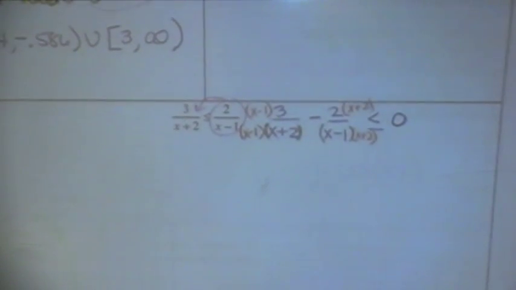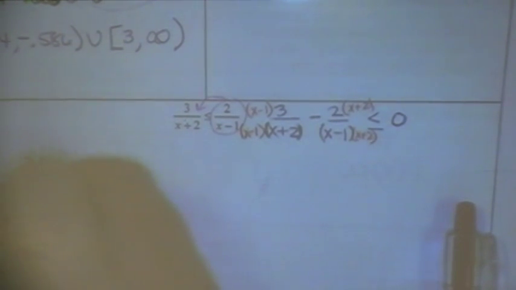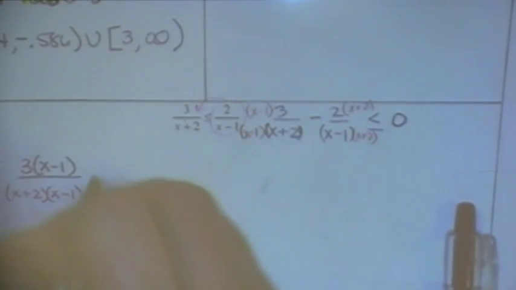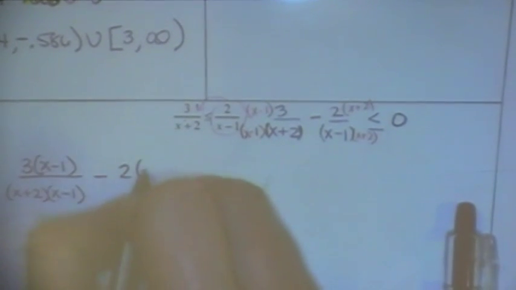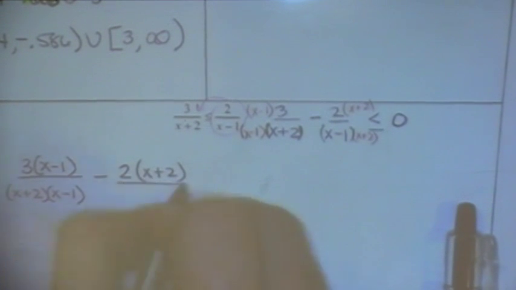If I'm going to put an x plus 2 piece, I have to put it on both top and bottom. Alright, so let me write that out so it's a little bit more clear. I have an x minus 1 that I'm putting on top because I put 1 on bottom. So that's this piece minus, and this piece I put an x plus 2 on top because I put 1 on bottom.